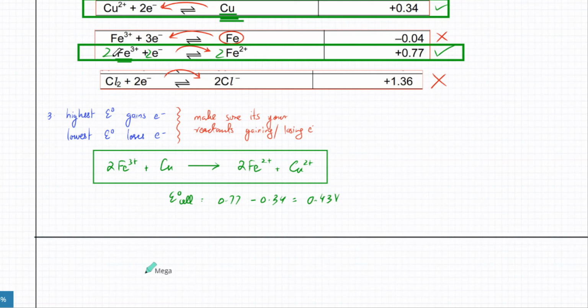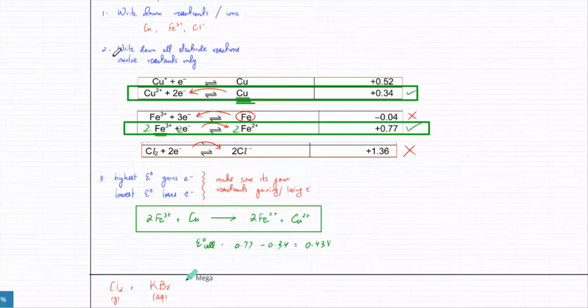You can send a snapshot on WhatsApp. Try doing this one, Cl2 plus KBr aqueous. Remember, Cl2 is a gas. Cl2 doesn't have ions, but KBr is K+ and Br-. So just like what we did over here.